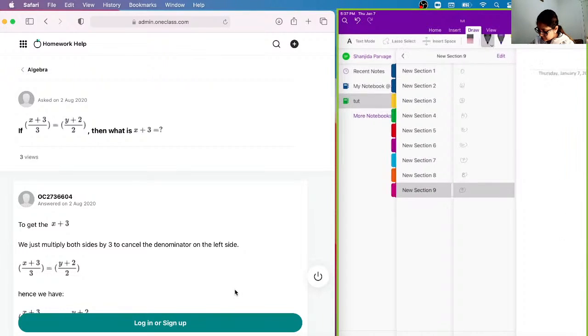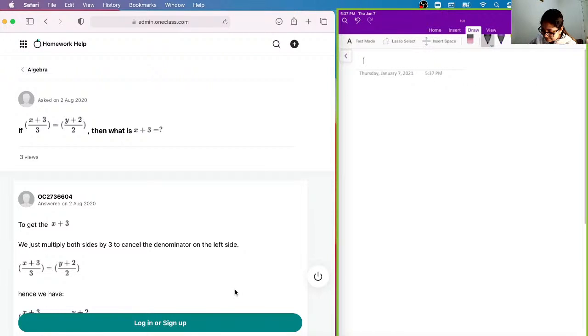Now our next question says if x plus 3 over 3 is equal to y plus 2 over 3, well, then what is x plus 3 equal to? Okay, so basically to get x plus 3, we just multiply both sides by 3 to cancel the denominator on the left side.